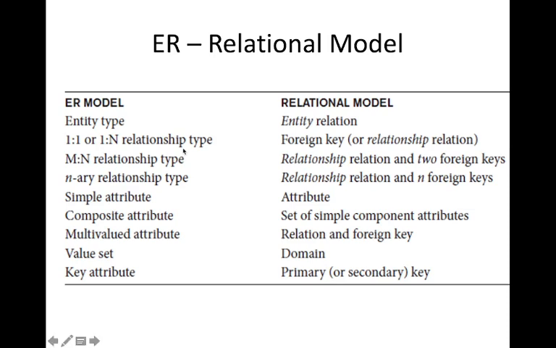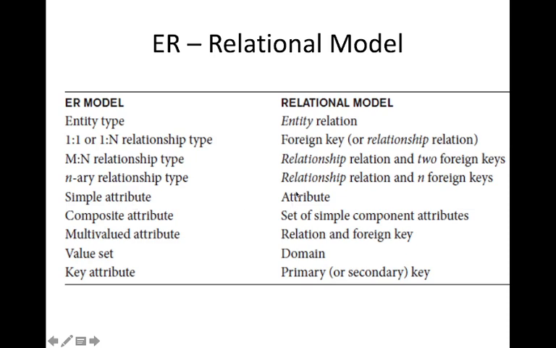We can form new relations also. For an M:N relationship type, a new relation will be formed with 2 foreign keys. If it is an n-ary relationship, a new relation will be formed with n foreign keys. That is what we have seen in the supply example.